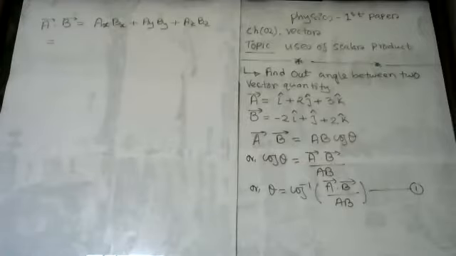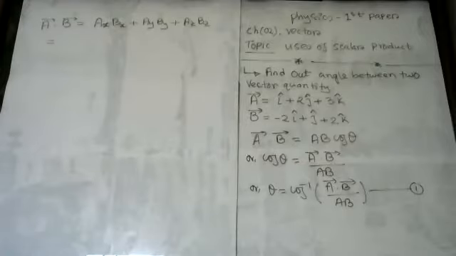So, that is 1 into Bx, which is minus 2, plus Ay is 2 and By is 1, Az is 3 and Bz is 2, my dear student. So, it will equal minus 2 plus 2 plus 6, which equals 6.